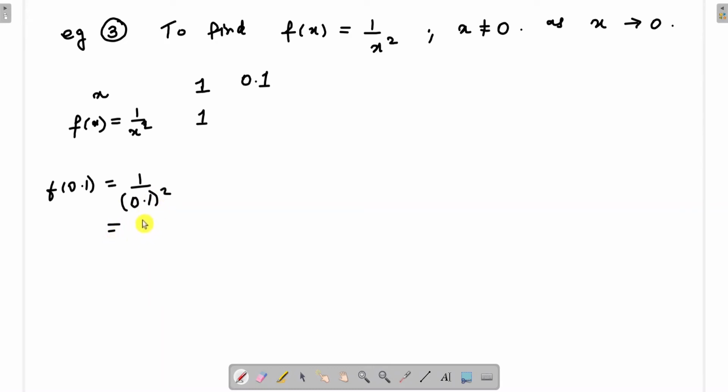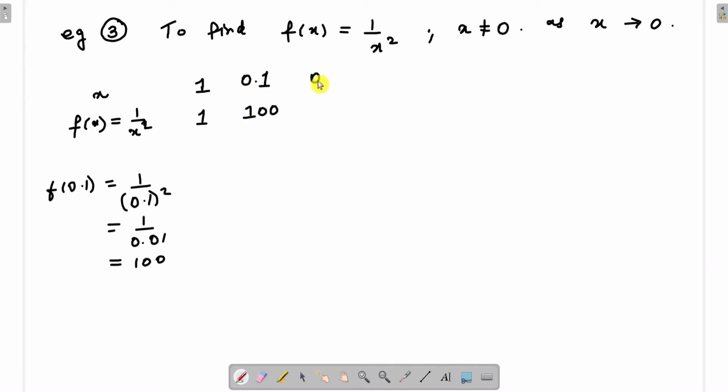Now that will be equal to 1 by 0.01, right? 0.1 square is 0.01. So 1 by 0.01 will be nothing but 100, right? So here we have 100.